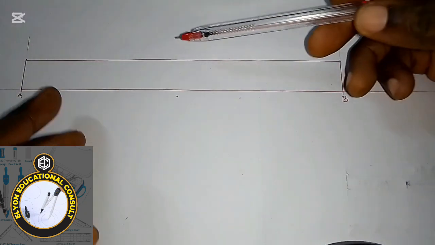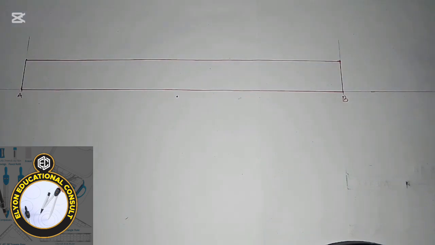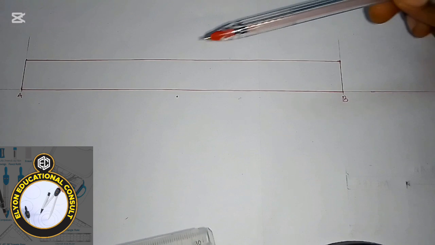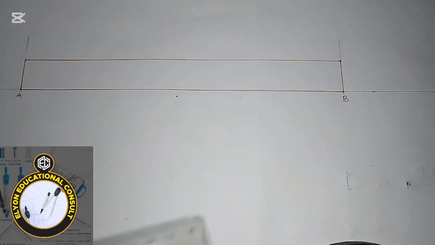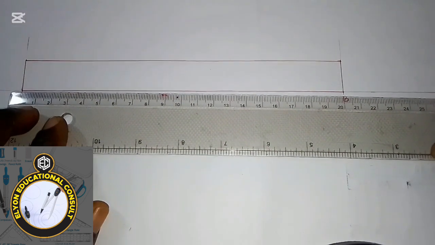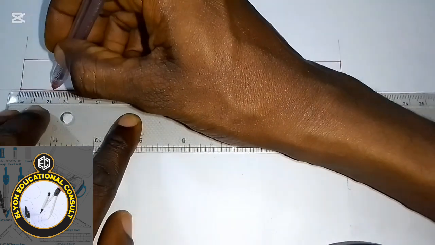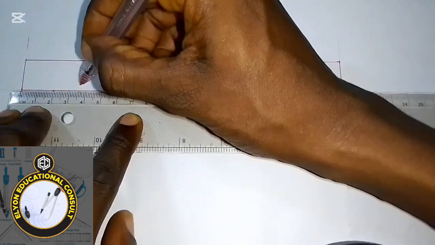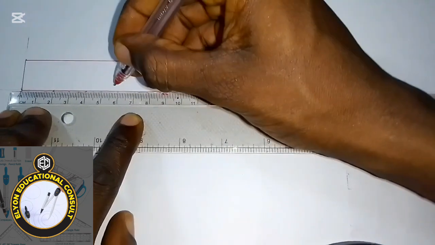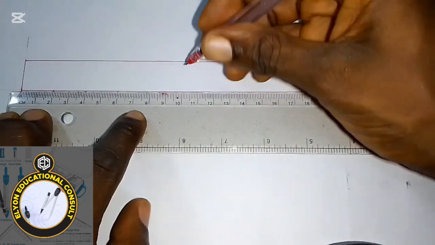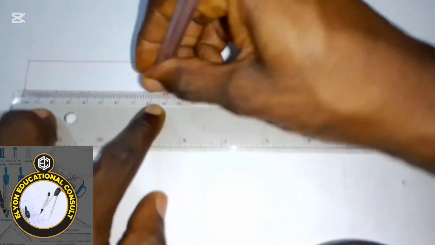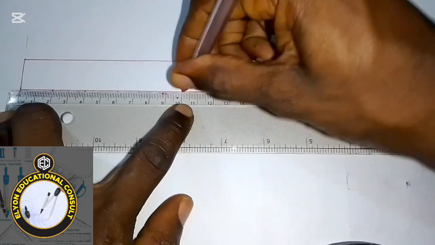So each division, now I'm going to divide that. This will be very easy to quickly divide, because we don't need to use the method of line division. We have 20 there. So to divide into 10 is going to be 2 centimeter, 2 centimeter, 2 centimeter, 2 centimeter, like that.